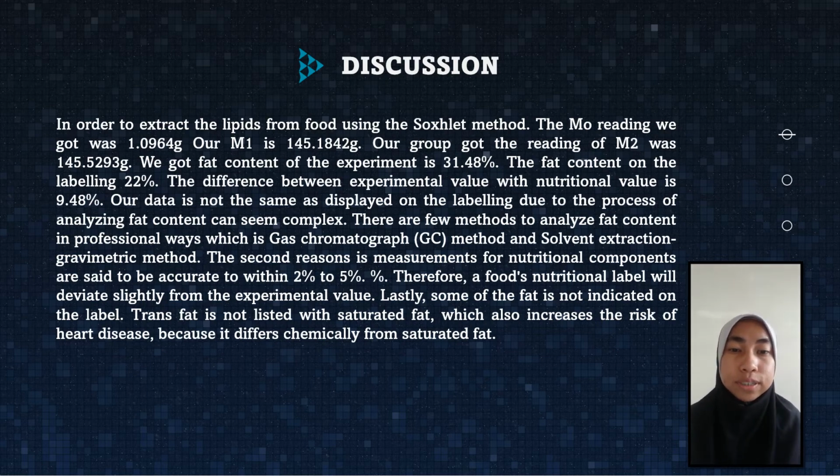Next, measurements of nutritional components are said to be accurate to within 2% to 5%. Therefore, a food's nutritional label will deviate slightly from the experimental value. The nutritional information on a food label is not always correct. Last but not least, our third reason is that maybe some of the fat is not indicated on the label.